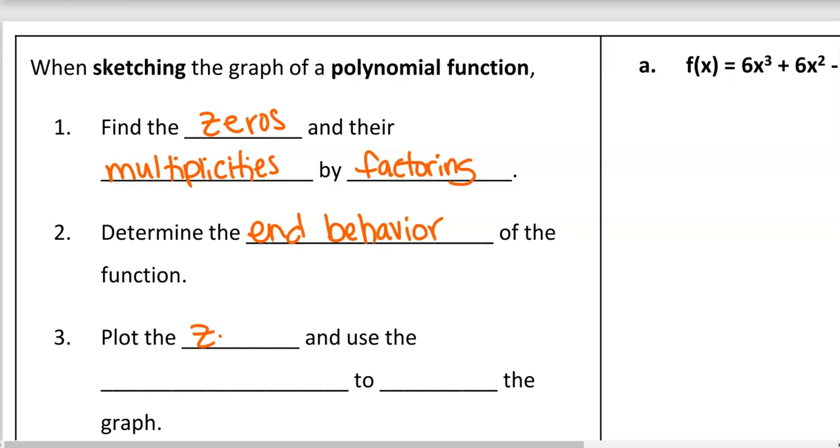Then we can plot the zeros and use the end behavior to sketch the graph. So I'm going to know where it crosses and where it ends up so that I can draw my curves. We might not know how high or low the turns go, and that's okay. That's why it's called a sketch and not an exact graph.